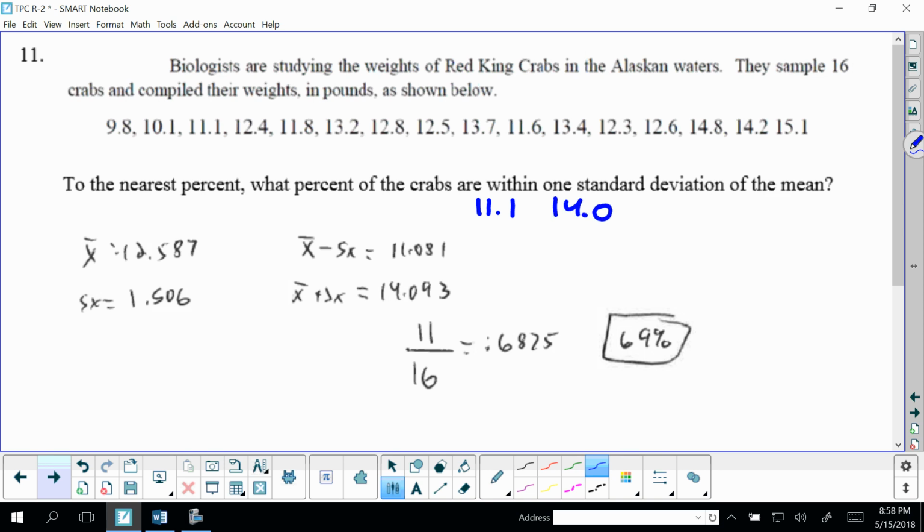So if you add those all up, we would get 11 of the 16. The ones that would not be included would be those ones and those ones. So that's 5 left that are out. So we have 0.6875, to the nearest percent, that would be 69%.